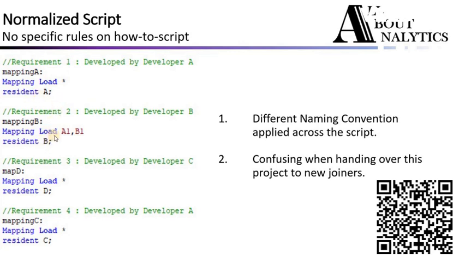The second developer prefers to load in all the columns one by one. And the third developer, instead of following the naming convention used by developers A and B, creates their own new table naming convention. Instead of using mapping A or B, it creates its own, map D. So this will be very confusing when we are handing over this project to new joiners in our team.